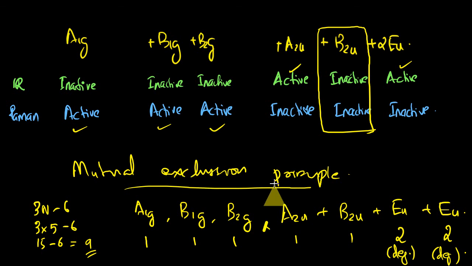Therefore, the mutual exclusion principle will work here. Automatically, you can see that the mutual exclusion principle is in work. Okay, and then you have to ensure how many vibrational modes you can see. If there are any degenerate vibrational modes, everything you have to write. Okay, so that is what you can understand from group theory about the Raman activity and IR activity of this type of molecules.